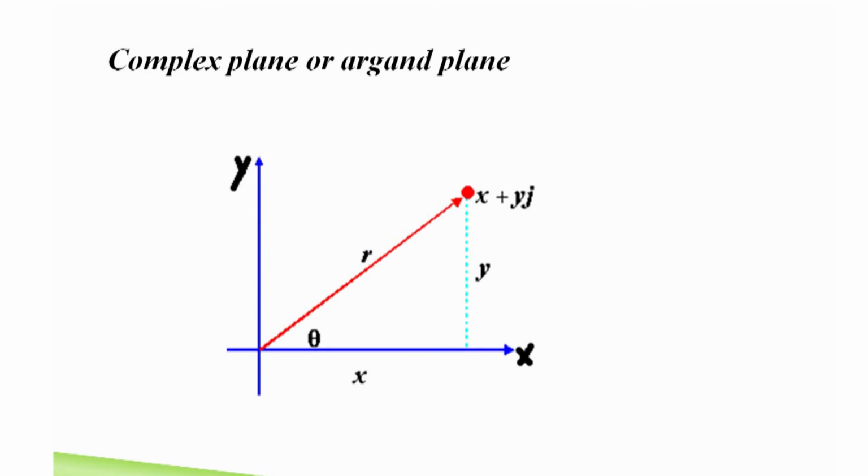Now, for your convenience, I have shown a diagram corresponding to it. Just go through that. There I have represented r. r is nothing but modulus z, as I have defined earlier. Mod z is equal to root of x square plus y square.